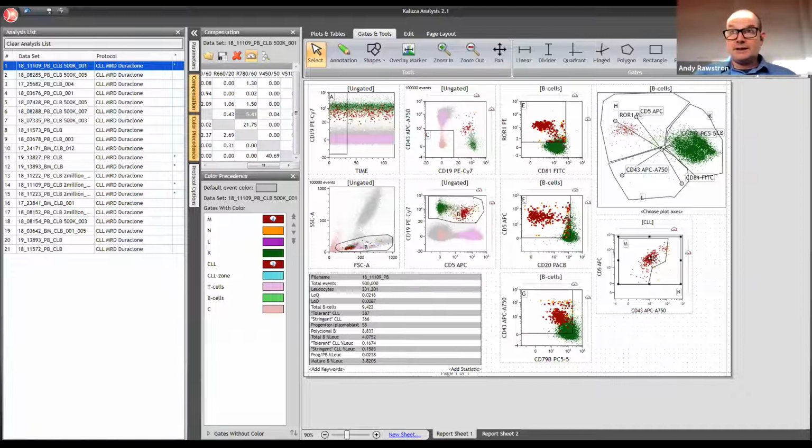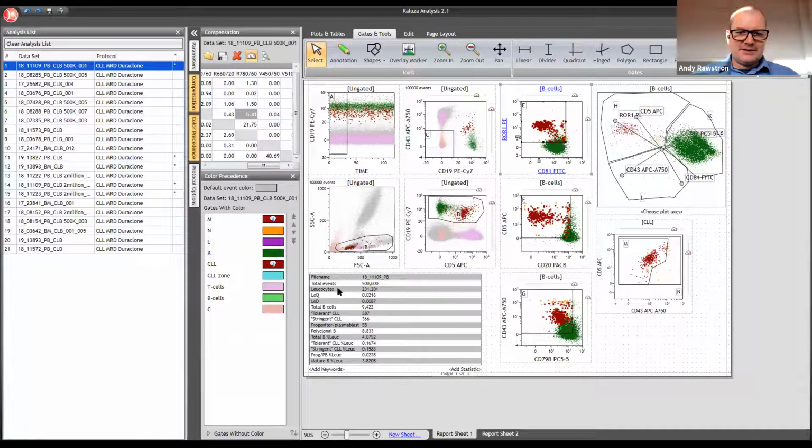And I'll show you that a little bit later, but broadly speaking, the CLL cells should be right in the middle of this area, but sometimes if you've got an atypical plot, you can capture them in here and you can see that the CLL cells that are slightly outside of the region are genuinely CLL with an atypical phenotype without having to go in and manually regate. Okay, so sorry, it's an automatic reflex to try and move regions around when they're not working as you would want them. Okay, so then we have a couple of other things to take out here.